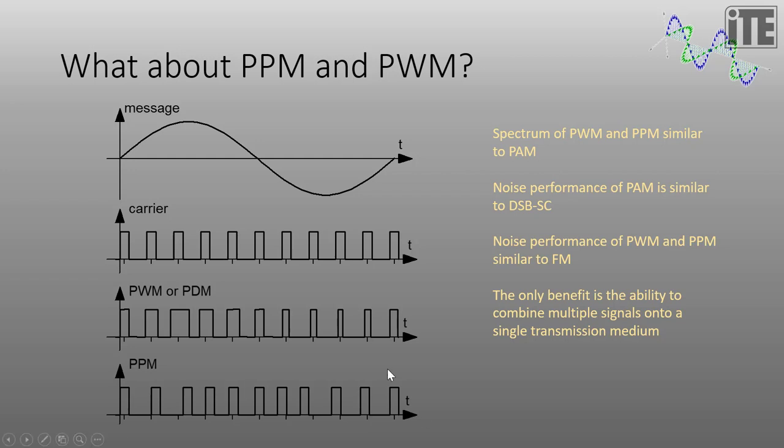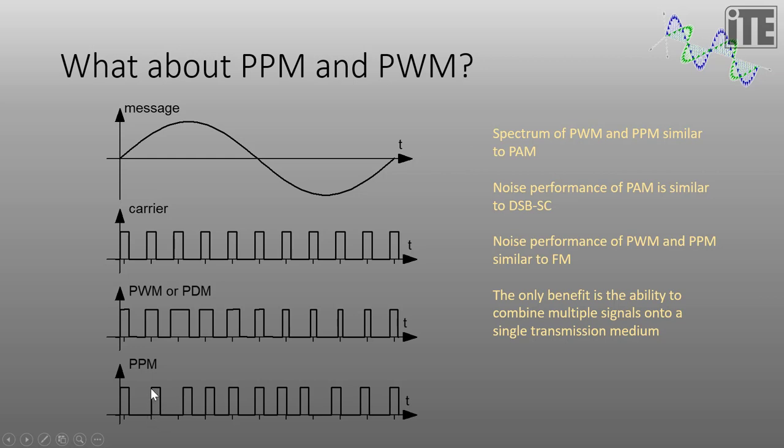So here, where the amplitude of the message signal is high, we get fatter pulses. And here, where the amplitude of the message signal is low, we get skinnier pulses, or narrower pulses. And pulse position modulation is where we don't vary the width, but we vary their relative position.